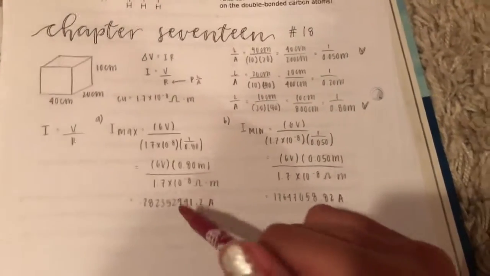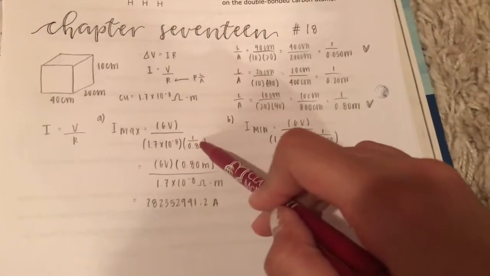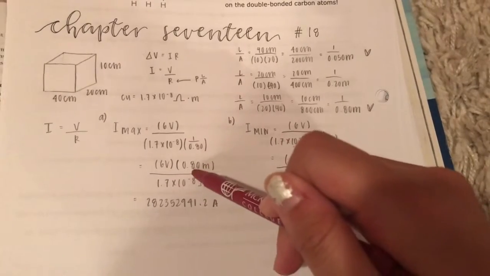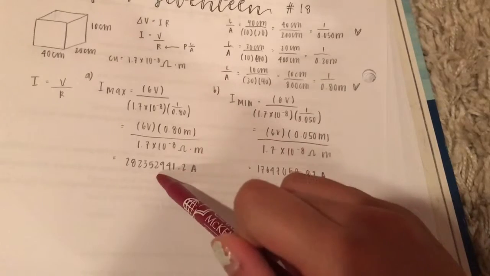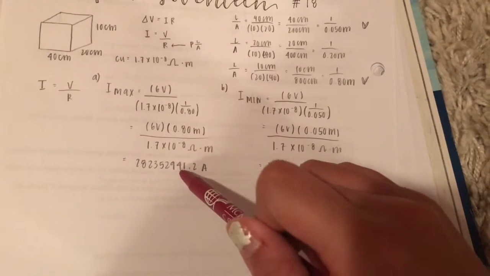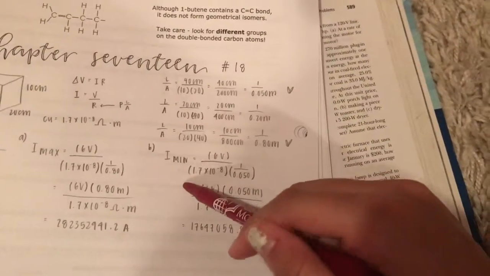With algebra and fractions, if we have this value in the denominator, we can put it in the numerator and multiply them. So it becomes 6 times 0.80 meters over our copper resistivity, and we get this value, 282352941.2 amps. Yay.